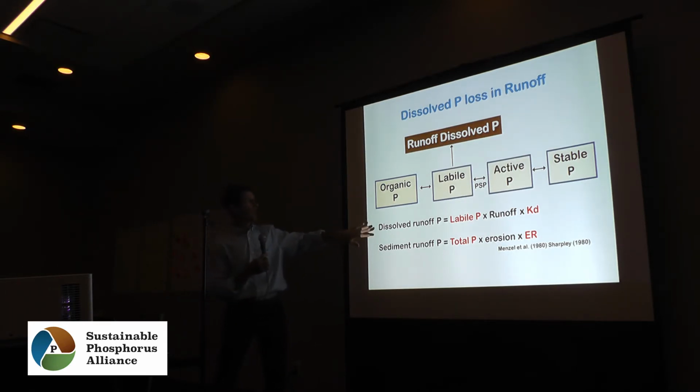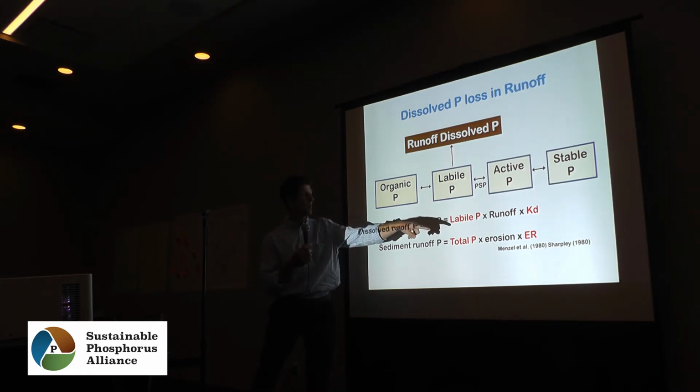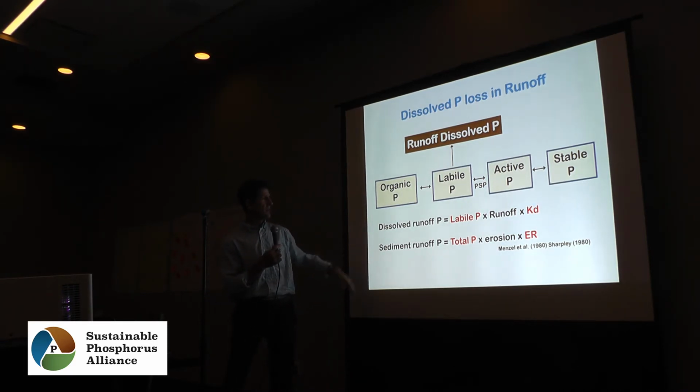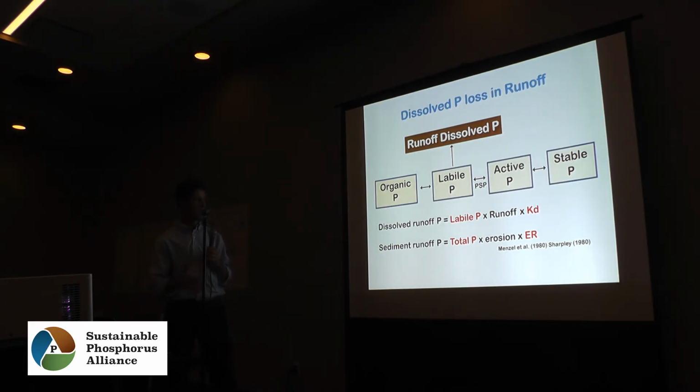So again, we have our dissolved P. I'm going to look at surface runoff now. Dissolved P in surface runoff is just the labile phosphorus in the model times the amount of runoff times an extraction coefficient. And our sediment-bound phosphorus loss is the sum of our pools times how much erosion there was times an enrichment ratio. So pretty simple relationships.